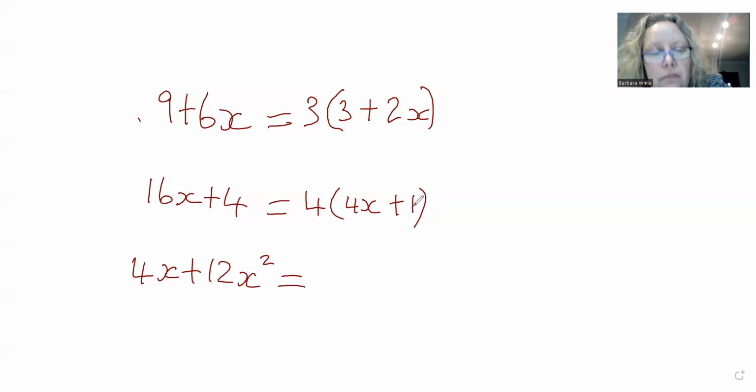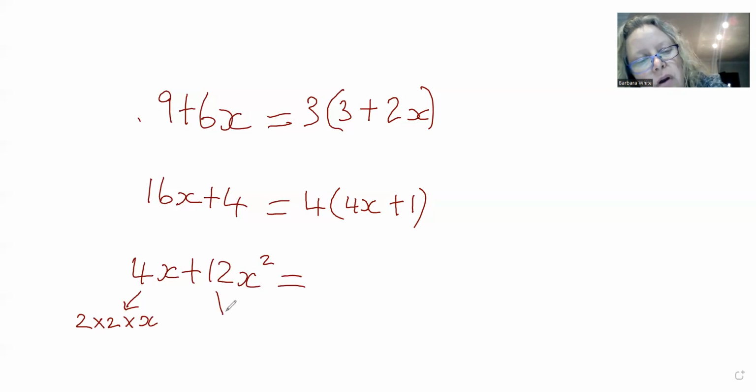And here's a hard one for the smarty pantsers. Let's actually factorize this. So 4x is 2 times 2 times x. That's that factorized.